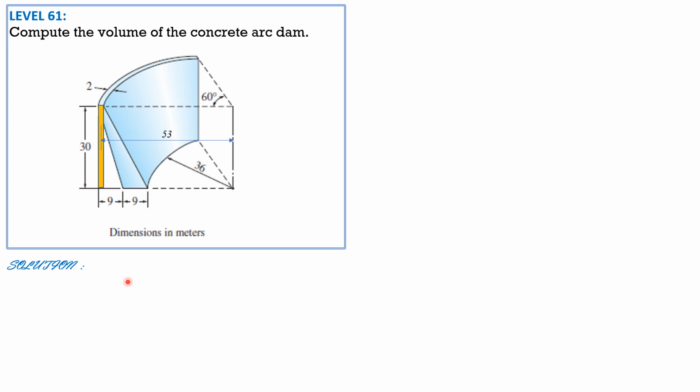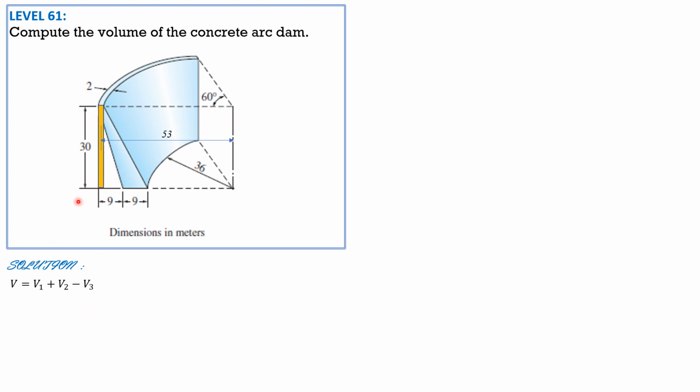So volume by Pappus-Guldinus theorem is area times distance traveled by the centroid. The distance traveled by the centroid is the radius of revolution, in this case 53, times the angle of revolution, which is pi over 3 radians. So volume is volume 1 plus volume 2, this volume here, minus volume 3, this triangle to be revolved later.